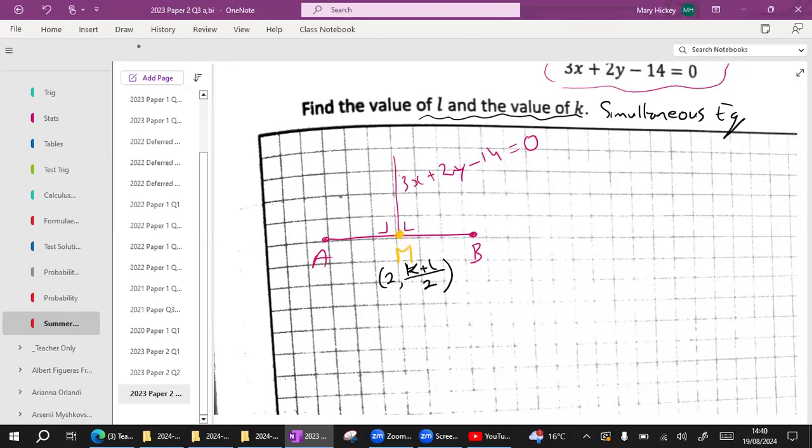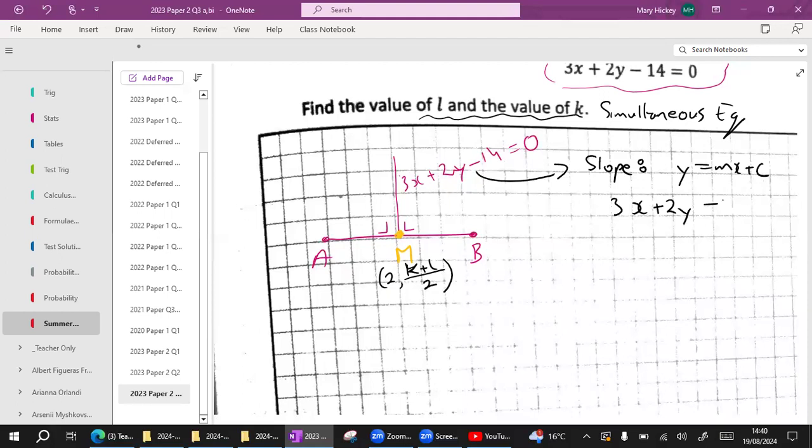Okay, so what do I know? I know that if it's perpendicular, the slope of AB is going to be perpendicular to the slope of the bisector, which I have. So it might be no harm to start with that. The slope of this thing, we're going to be using the y equals mx plus c idea. In other words, we're isolating the y.